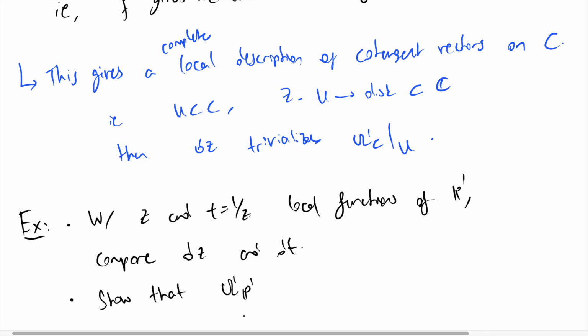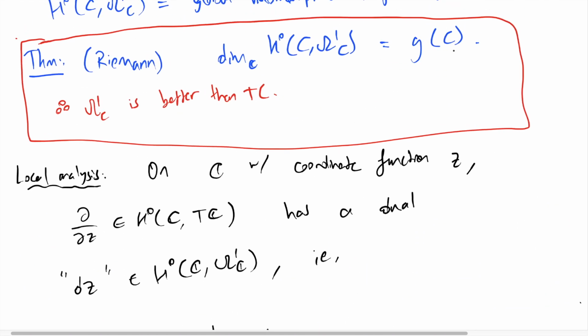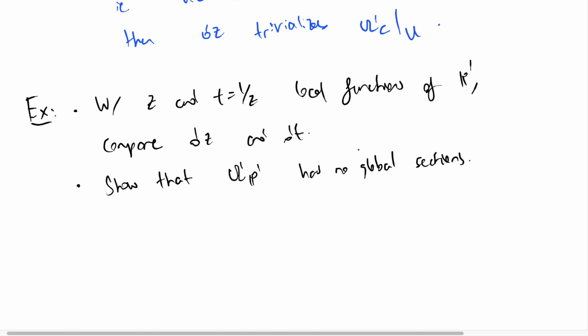the cotangent bundle has no global sections. Of course this is just the genus 0 case of Riemann's theorem. So the theorem over here, when C is P1, this is 0, so this vector space is 0, which means the only section is the zero section. And by no global sections, I mean no non-zero ones.